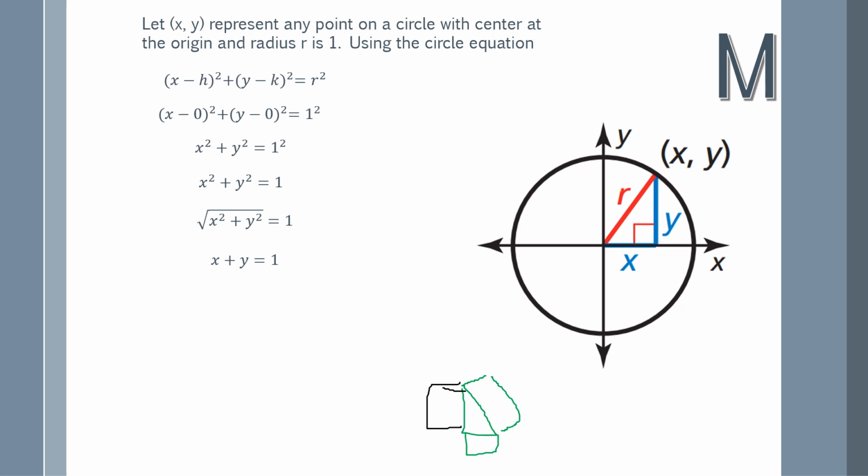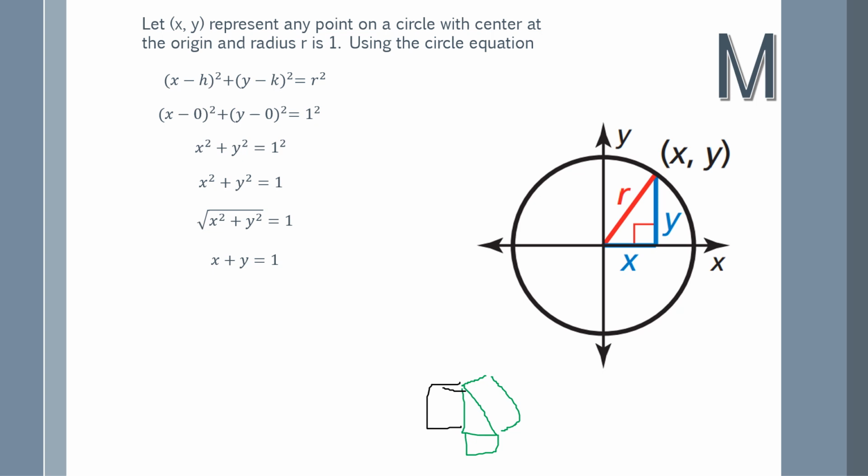You've seen this, but you've seen it using grids and stuff. However, when you get to high school, which you guys are at right now, you will use the circle to derive the Pythagorean theorem. The circle is the Pythagorean theorem.